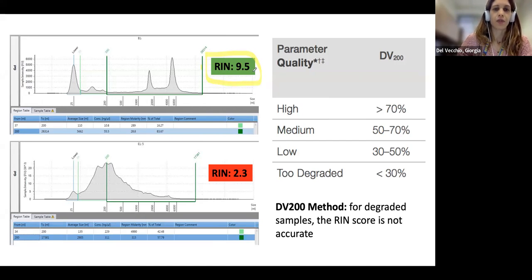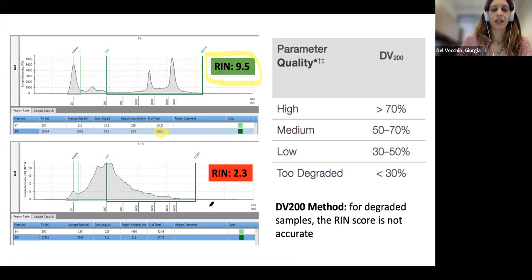So for the RIN 9.5 here, if we select the region of 200 base pairs and above, 83.67% of the total RNA is coming from this region. So it's a high percentage, high quality, it's super good.